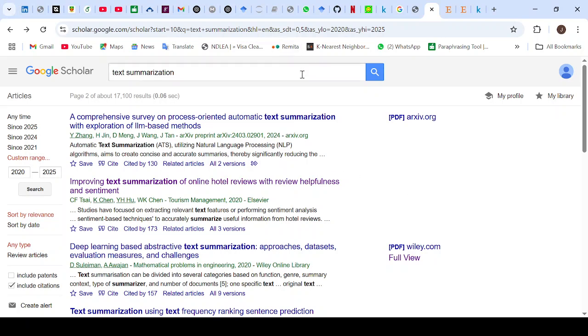We are still going to use the topic we used previously, text summarization. You can use Google Scholar to find your research gap using empirical papers already published in famous journals.